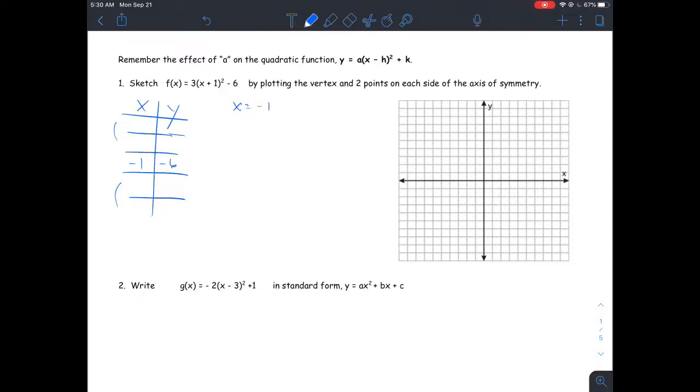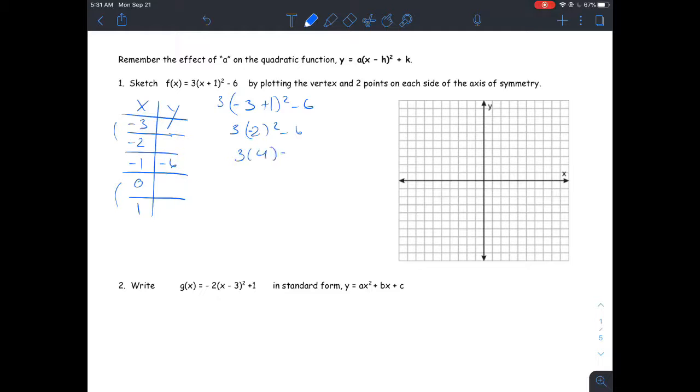This is actually the way that I taught you to do it. So you're just going to plot them just like I taught you. So we'll do -3, -2, 0, and 1. So let's go ahead. We can plug in -3. So we do this, we get -2 squared.